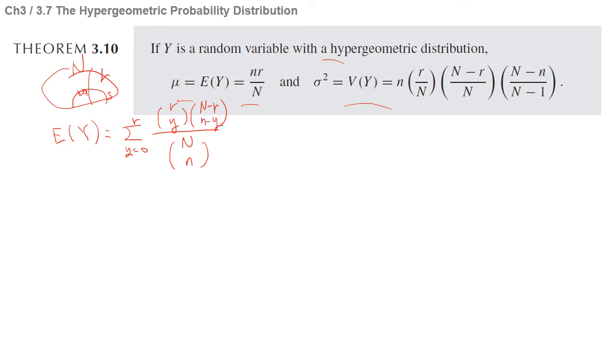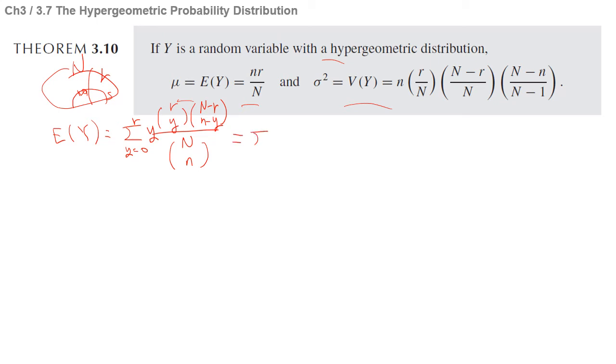Okay, and the expectation, by the definition of expectation, we want to calculate this, y equals 0 to n, but if y is larger than r, it's not defined, so y equals 0 to r. And here this is very similar to the derivation of the binomial distribution.